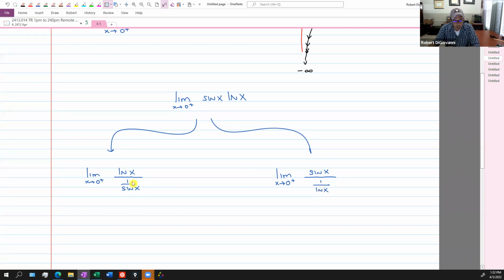But 1 over sine x from pre-cal is actually cosecant x, isn't it? Like this could be rewritten: natural log x over cosecant x, like that.